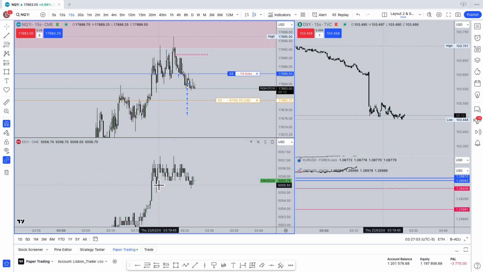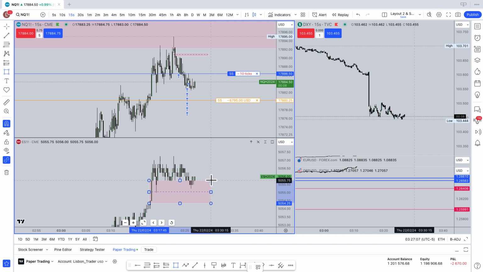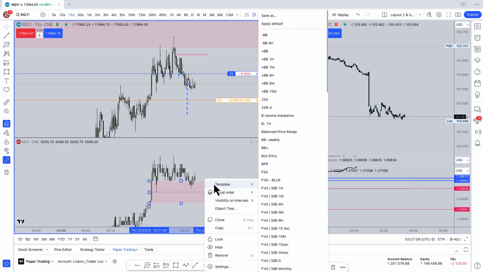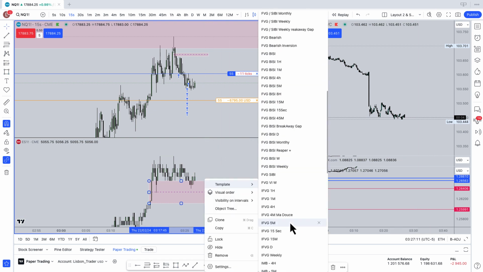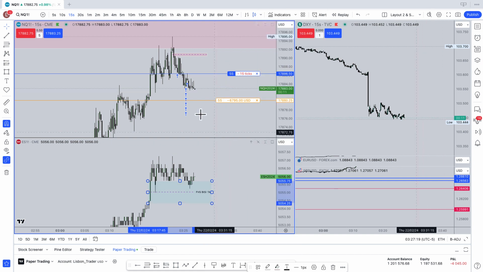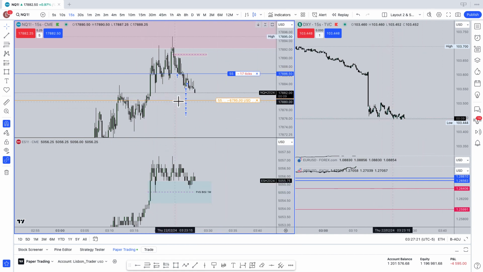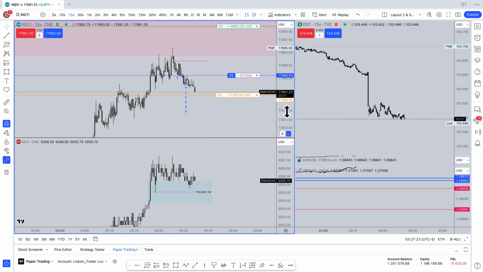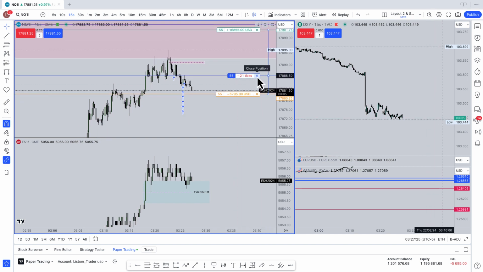ES is also respecting this on a 15-second basis. Let's put it on 1 minute. Yeah, I might see some level of retracement lower.